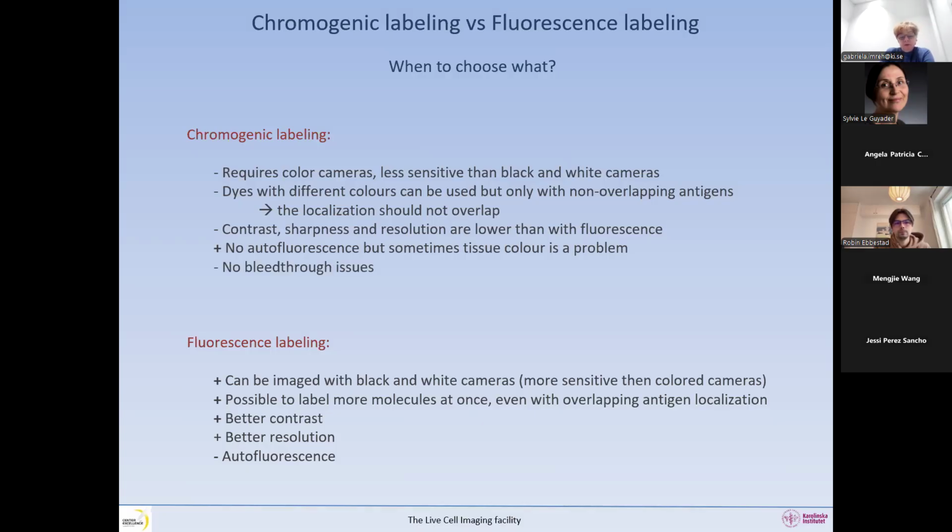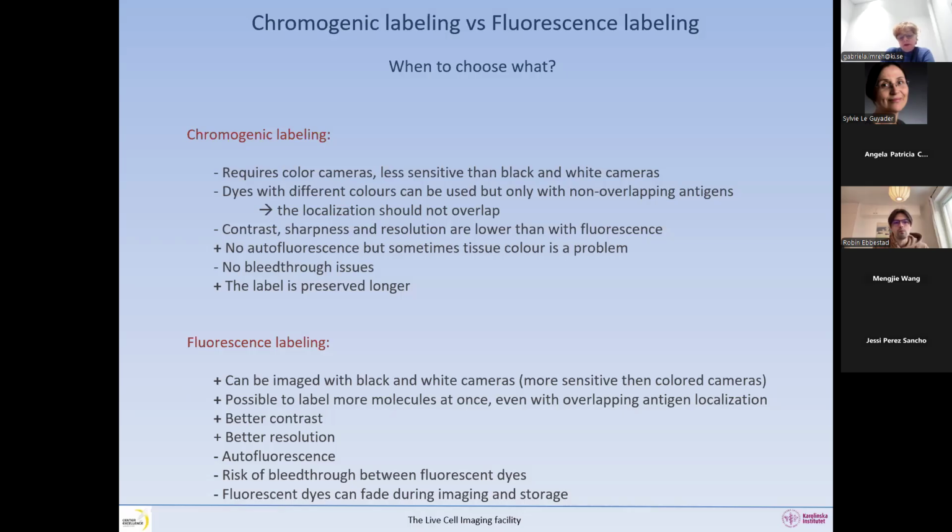There are no bleed-through issues in chromogenic labeling, and the label is preserved for a longer time. In fluorescence labeling, we do have a risk of bleed-through between fluorescent dyes, and the fluorescent dye can fade both during imaging and storage. So choose the appropriate detection method depending on your scientific question and the resolution that you need to answer it.